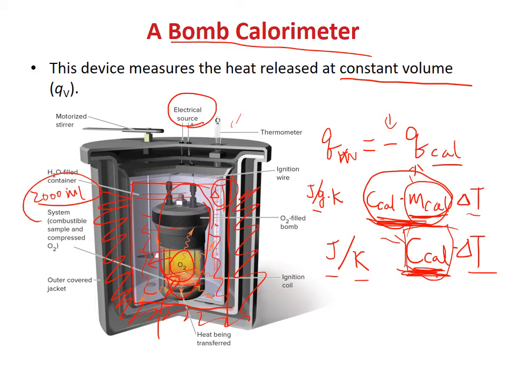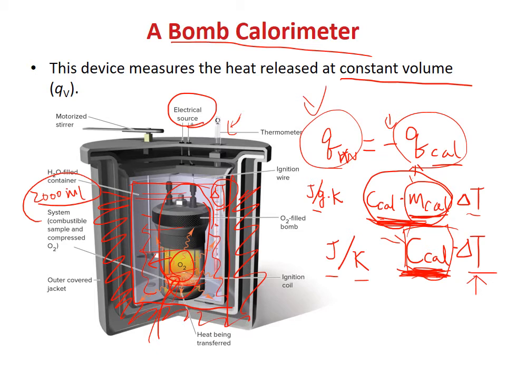So you use a known compound to find the heat capacity, and then you use the same heat capacity to calculate for an unknown compound. You measure a temperature change, multiply the calibrated heat capacity by the temperature change, and you find the heat of the calorimeter, which equals the negative of the heat of the reaction. So by measuring temperature change, you calculate the heat of the reaction of an unknown compound.